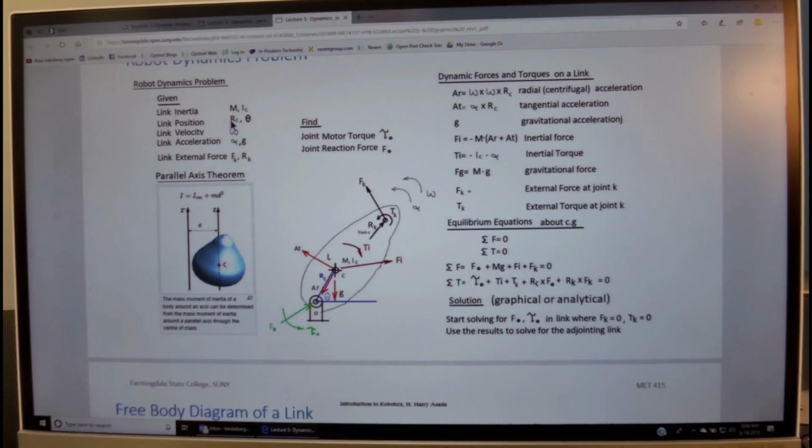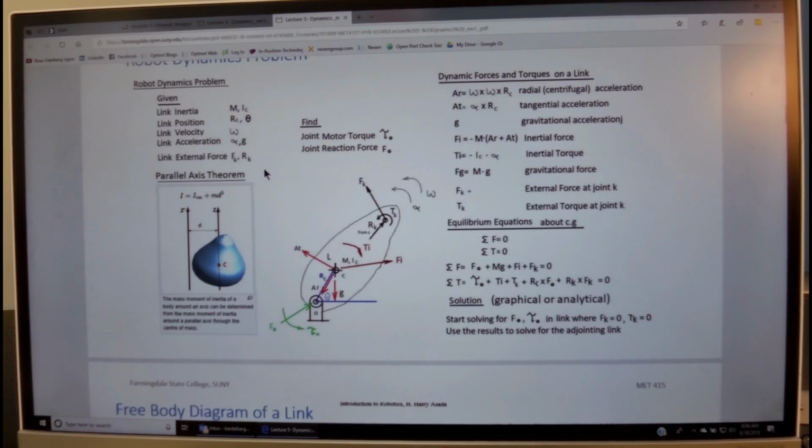Then the link position is described as RC, the location of the center of gravity from a certain point. You see this is a vector starting at this point all the way to the center of gravity. And then we have the angular position of that vector in the reference frame, which is fixed to the previous link. So this is theta, and we define the angular velocity as omega.